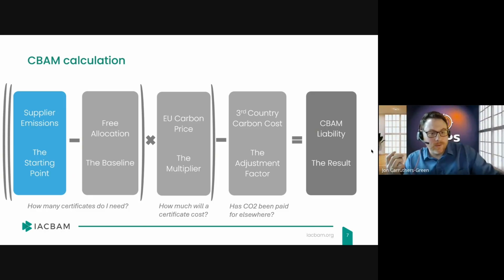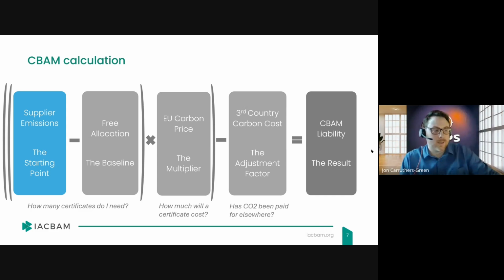Essentially, to calculate these supplier emissions, importers have two methods available to them. One of them is fairly simple, and the other one is a little bit more complicated. The downside of the simple option is that we're expecting costs to be particularly high.